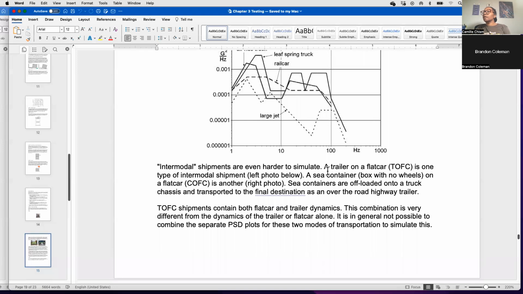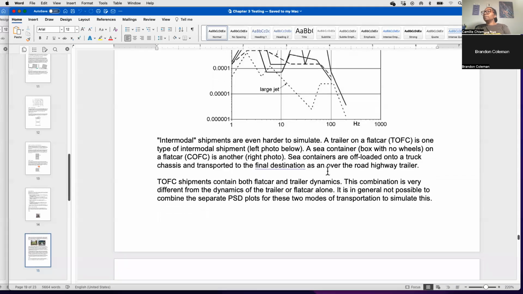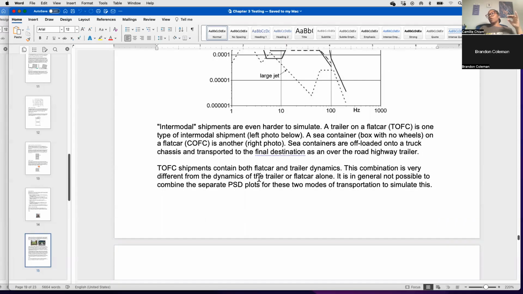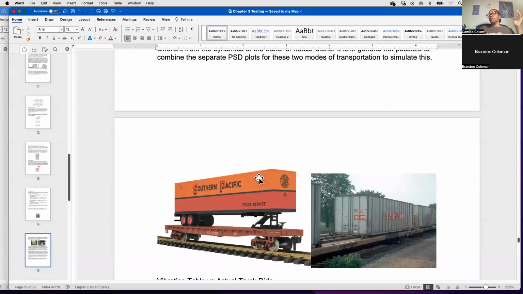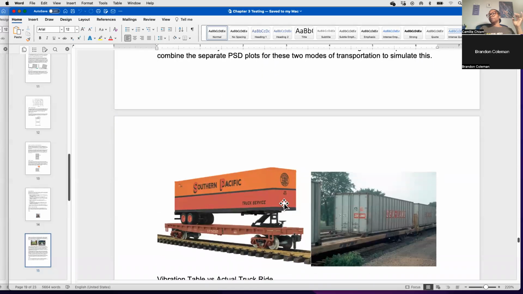So this one, they talk about the COFC, which is like the sea container that gets put on a flat car, or the TOFC, which is trailer over flat car. You can see here the difference, right? They look different.